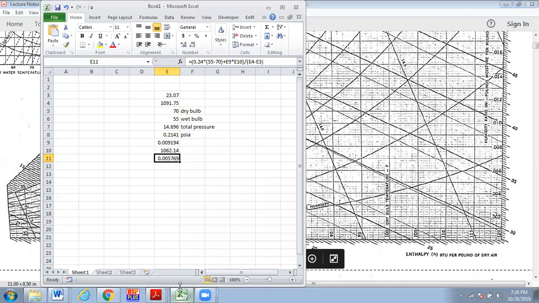So actually 55 and 70 is right there, okay? Look at that. Just a tad less than 0.006. Whew, I was worried about that. You read it right over here. Okay. So I'd say we pegged it.